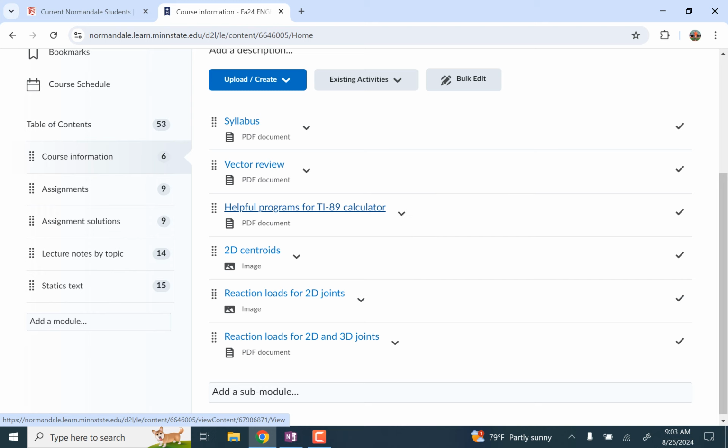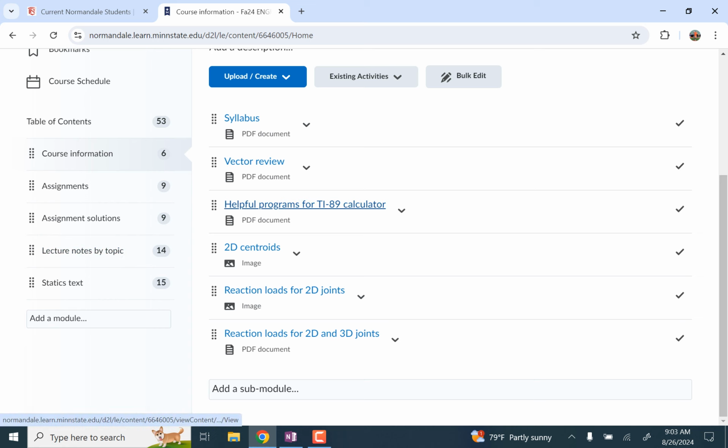And this is just TI-89 programs, but I also have some for, I think, 83, 84, 86, Inspire, pretty much most TI calculators. If you want to enter these programs to shorten some of your calculations, that information is on here.